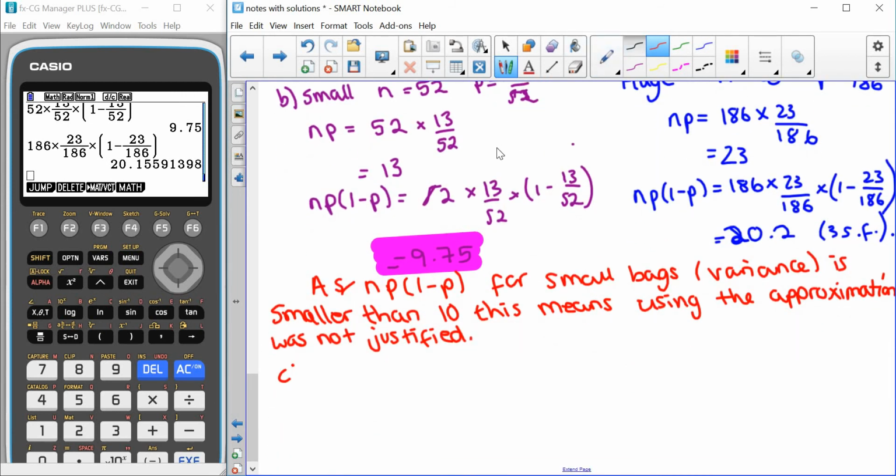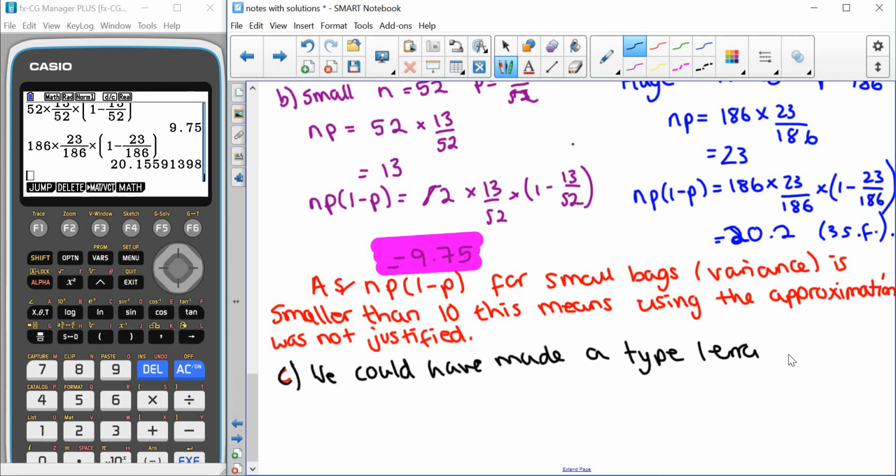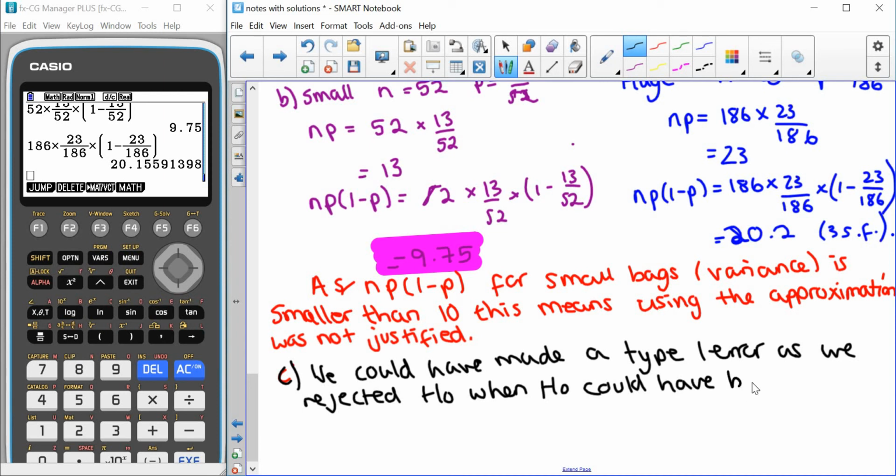So for C, we could have made a type 1 error as we rejected H0 when H0 could have been true.